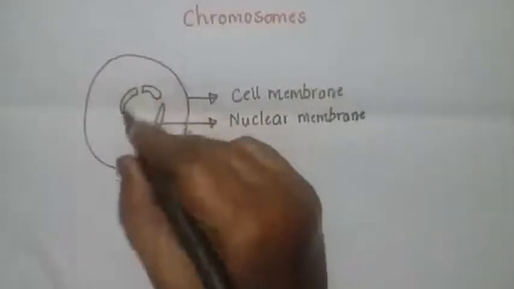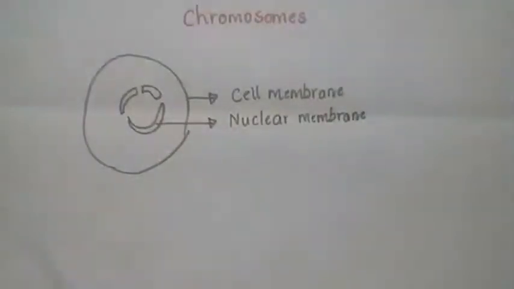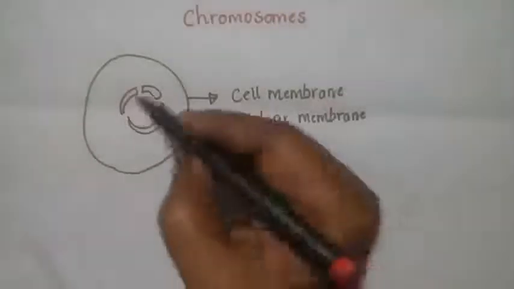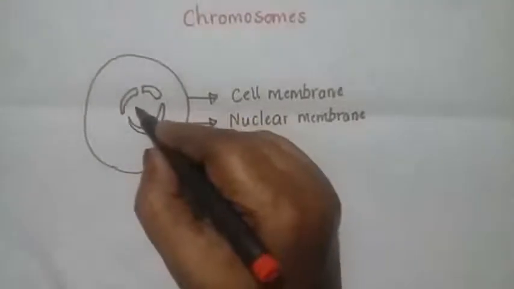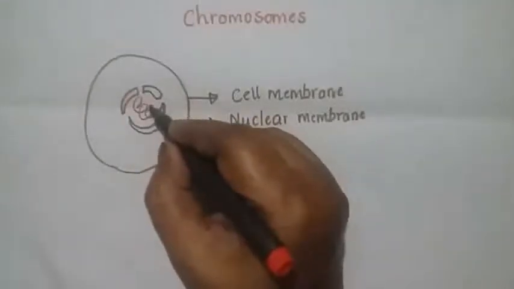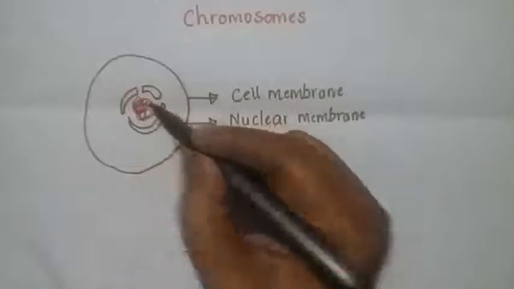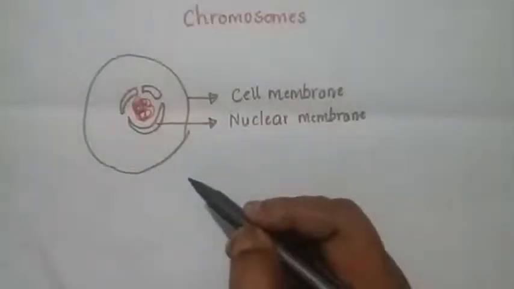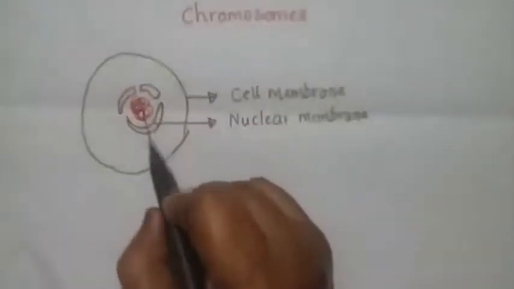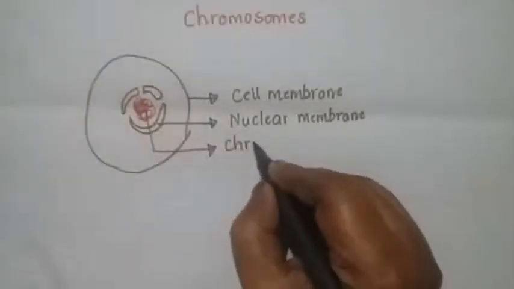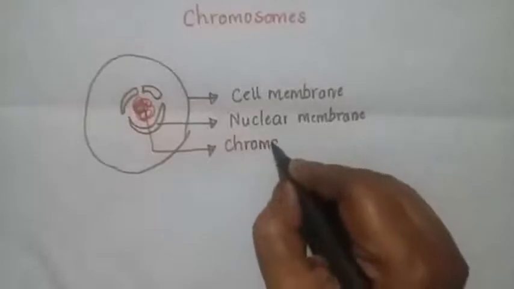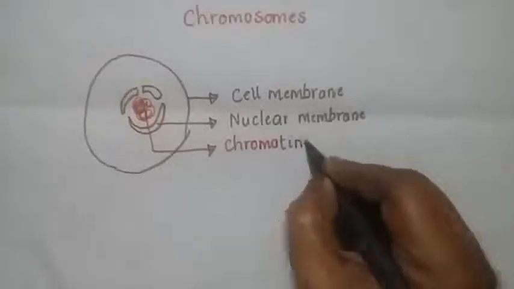which has perforations. And within this nuclear membrane we find a highly condensed network-like structure, and that network-like structure is known as chromatin fibers.